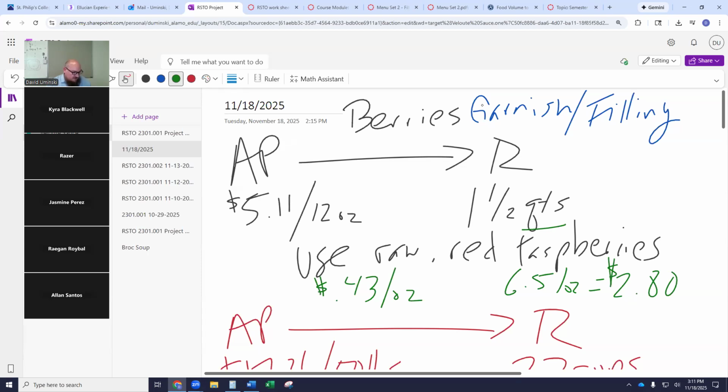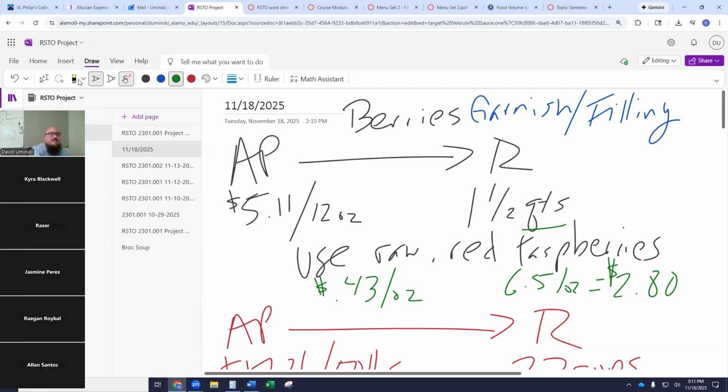Yep, I see where you get 6.51, but we want to go ahead and do the quarts. There we go. Thank you. So what is the conversion for quarts? The conversion for quarts is 26.03. There you go, excellent. So it's actually 0.43 times 26.03.